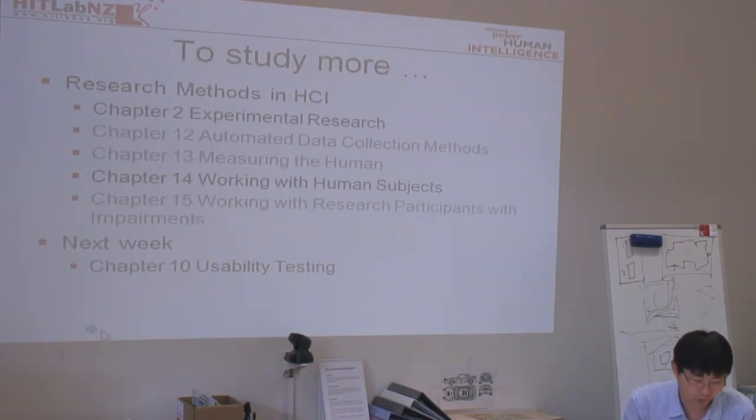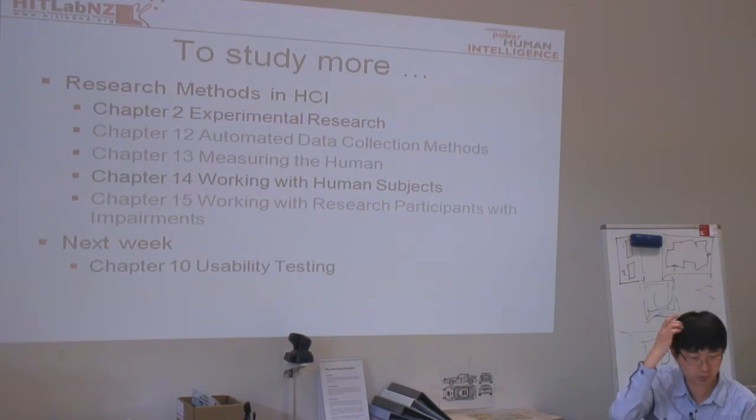So that was the latter part of what we talked about last week. So these are the chapters. Of course, you might have already had a look, but these are the chapters related to the subjects I've talked about today and some of the subjects I talked about last week. So please feel free to refer to these chapters and read them if you want to know a little bit more detail.